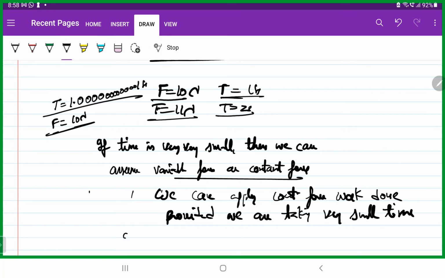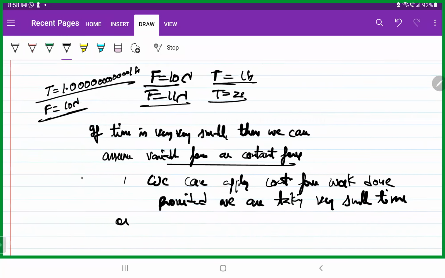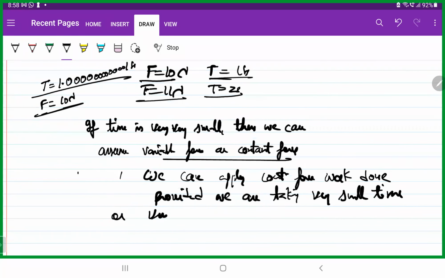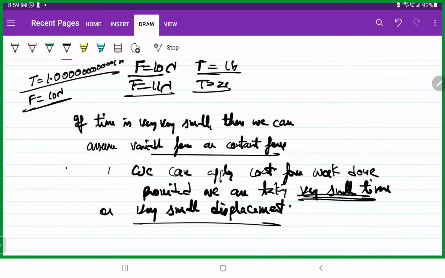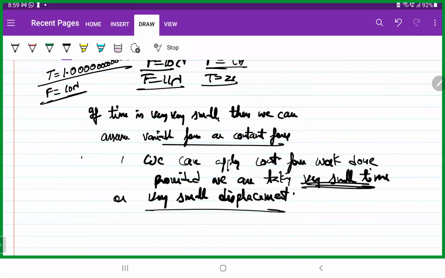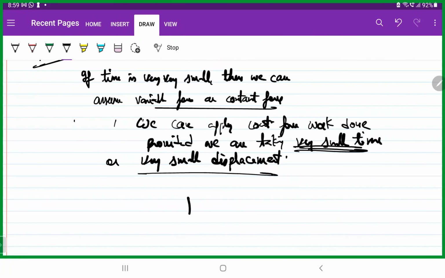Very small time means what will be very small? Very small displacement. Because if time itself is not given, even displacement will be small. So if you're taking very small displacement, it means we are talking about very small time. So what we'll do? We will calculate dW is equal to F dot ds.